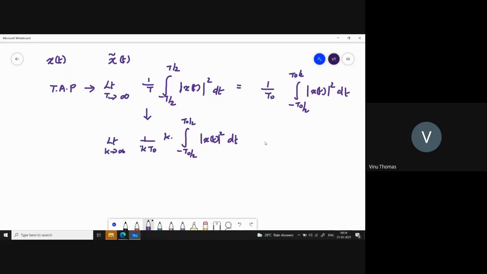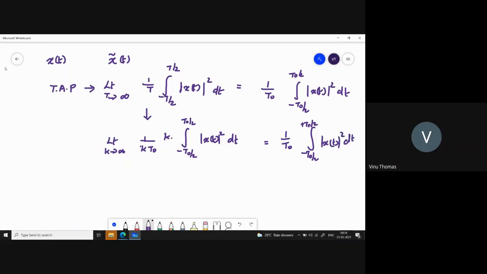Therefore, this is equal to 1 by T0 into the integral from minus T0 by 2 to plus T0 by 2 of modulus of x of t whole square dt.